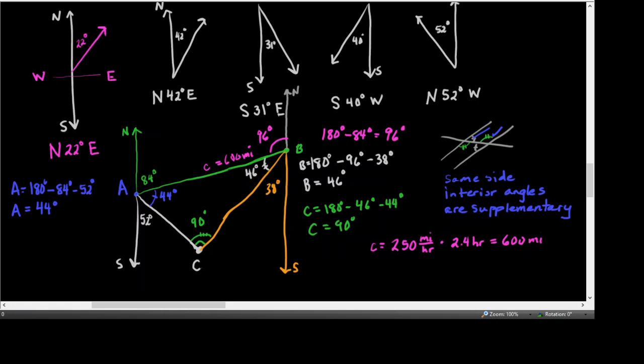Okay, now the question is, what is the distance from A to C, which I'm going to call B? Well, since we have a right triangle, and C is obviously the hypotenuse, depending on whether we want to use A or B, both of which we calculated.